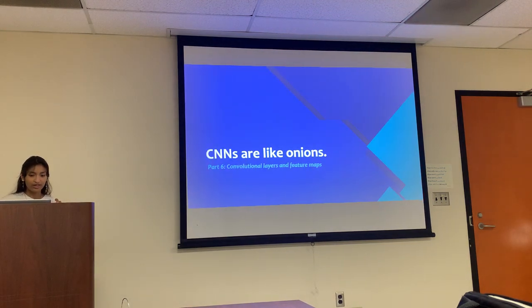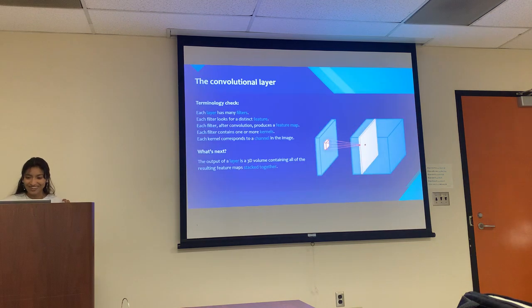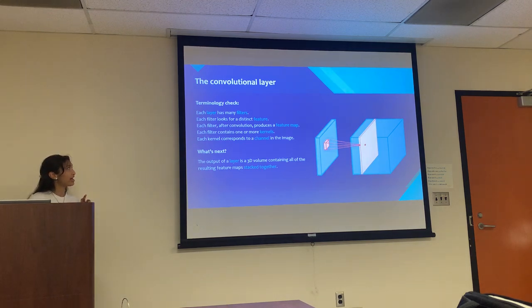And so we're going to keep doing this over and over. To go over everything, each layer has filters, and each filter has a distinct feature. After convolution, we'll have a feature map of all of these. Each filter has kernels, and each kernel corresponds to a channel in the image.